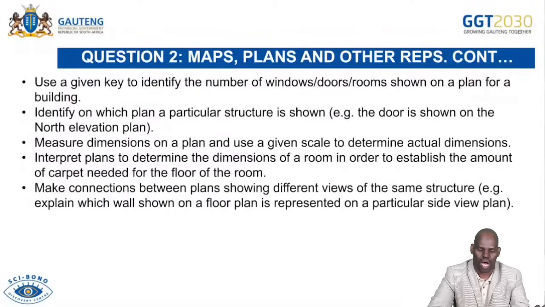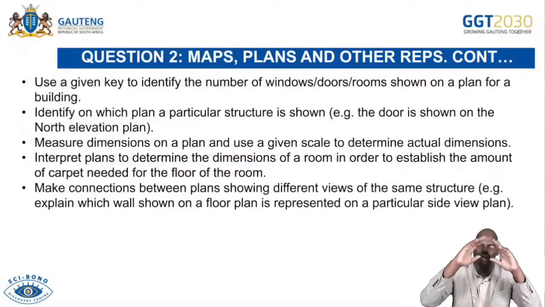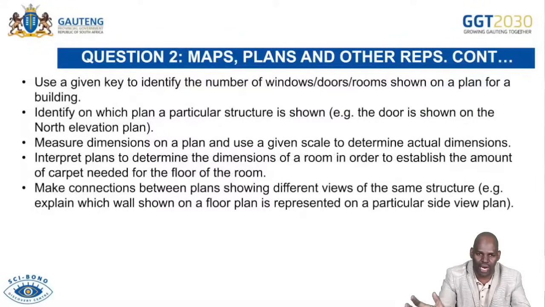And then again, question 2, you must be able to use given keys to identify the number of windows. Remember, if you are given a house plan and they give you the symbols for the windows, the examiner might ask you how many windows are on the plan. So you look at the symbol, you know that this symbol represents windows, and then you are able to count.